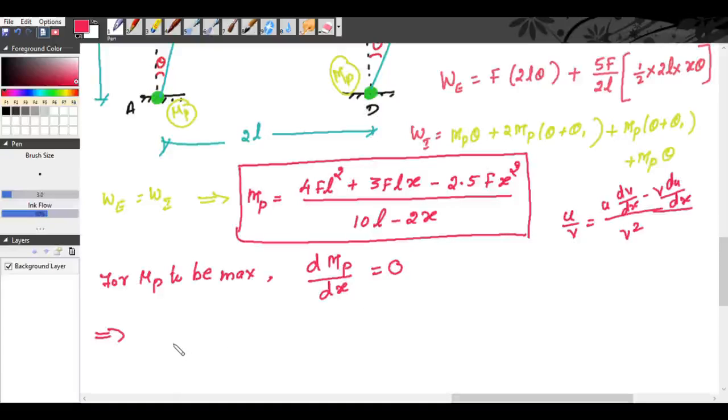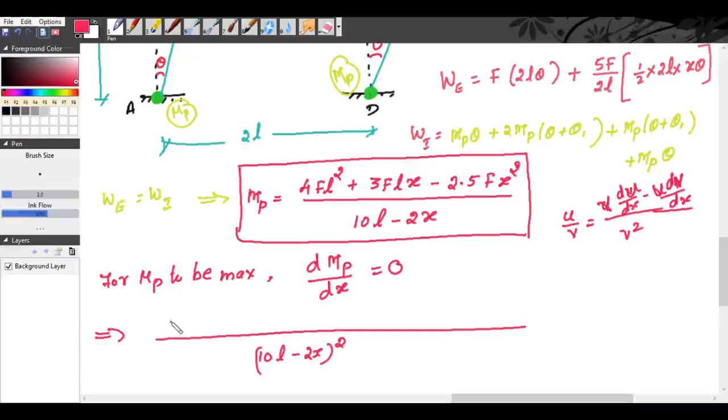So in the denominator we get (10L minus 2x) the whole square, and in the numerator it is V into du by dx. Sorry, it is V into du by dx, minus U into dV by dx, right?